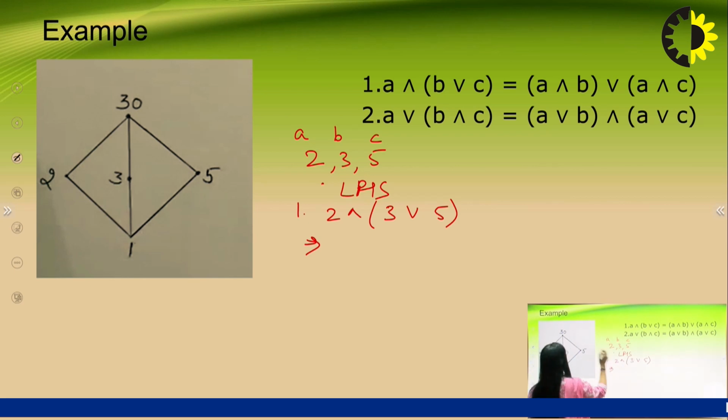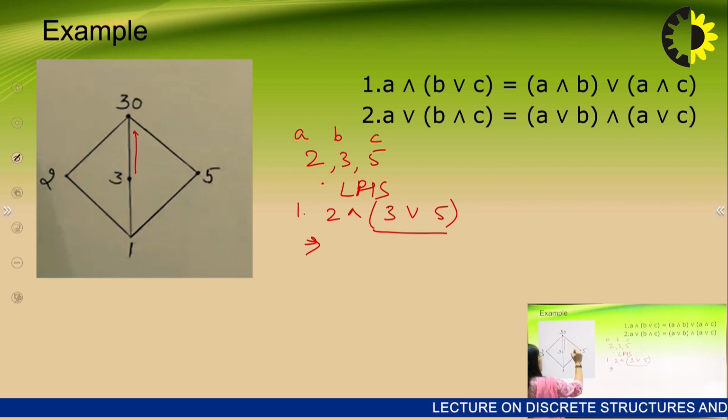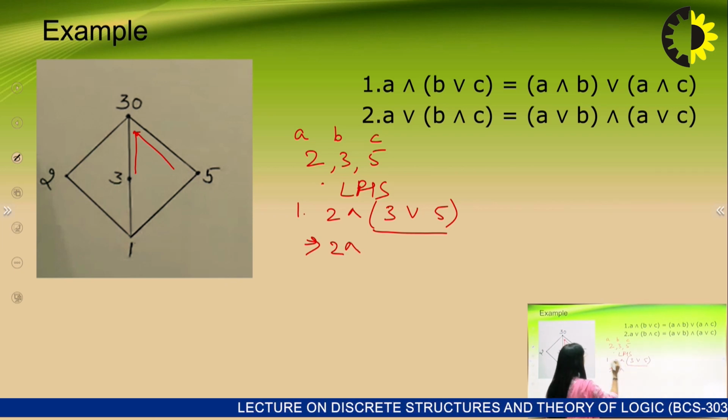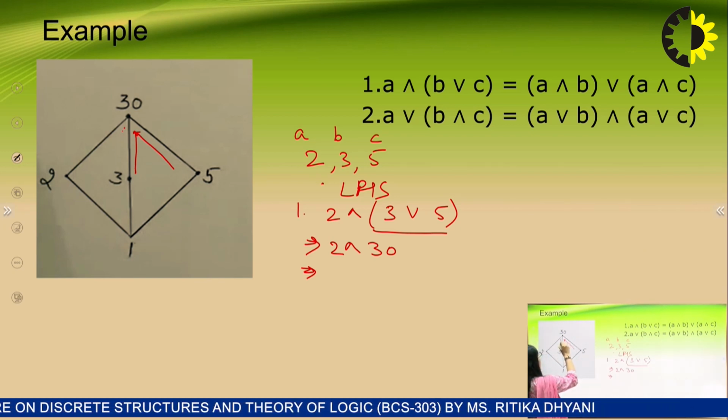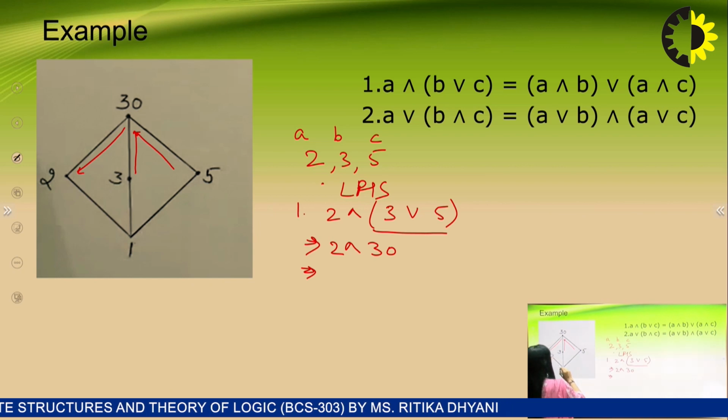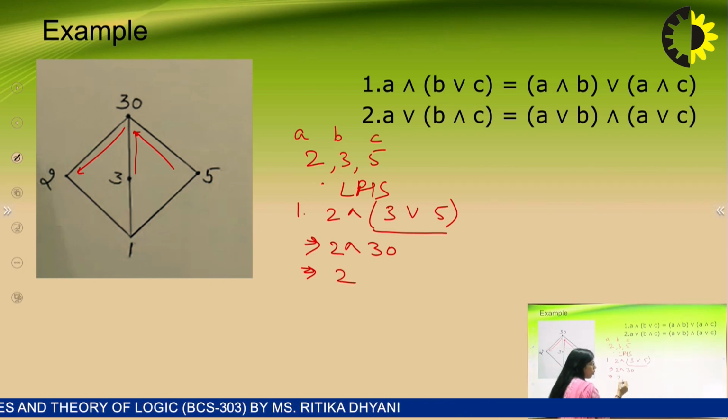First we need to perform the operation in brackets. From 3, we move upward and we will be reaching 30. So 3 join 5 is 30. And 2 meet 30, definitely we are moving downwards from both the elements. We will be reaching the same element 2 here.